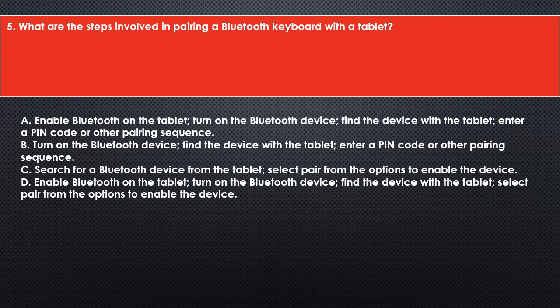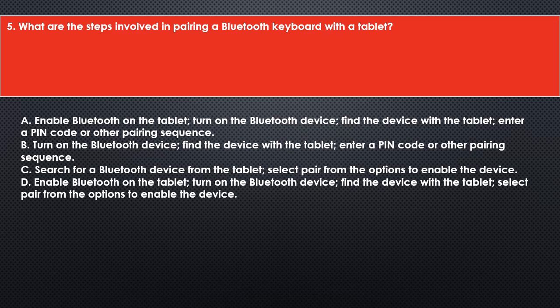5. What are the steps involved in pairing a Bluetooth keyboard with a tablet? A. Enable Bluetooth on the tablet, turn on the Bluetooth device, find the device with the tablet, enter a PIN code or other pairing sequence. B. Turn on the Bluetooth device, find the device with the tablet, enter a PIN code or other pairing sequence. C. Search for a Bluetooth device from the tablet, select pair from the options to enable the device.